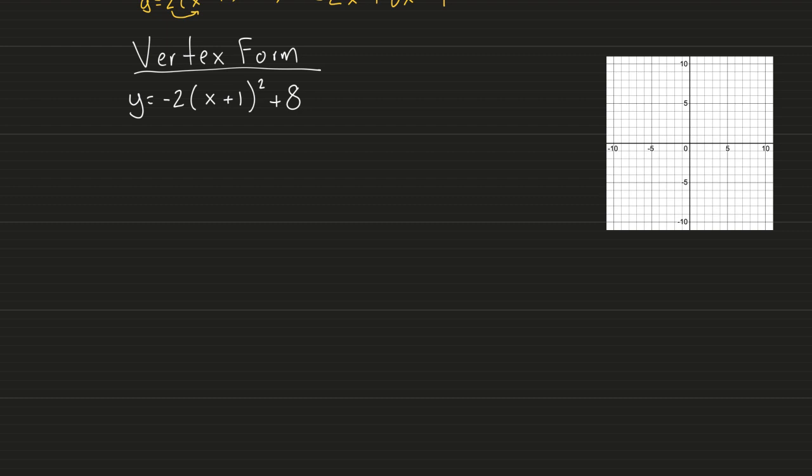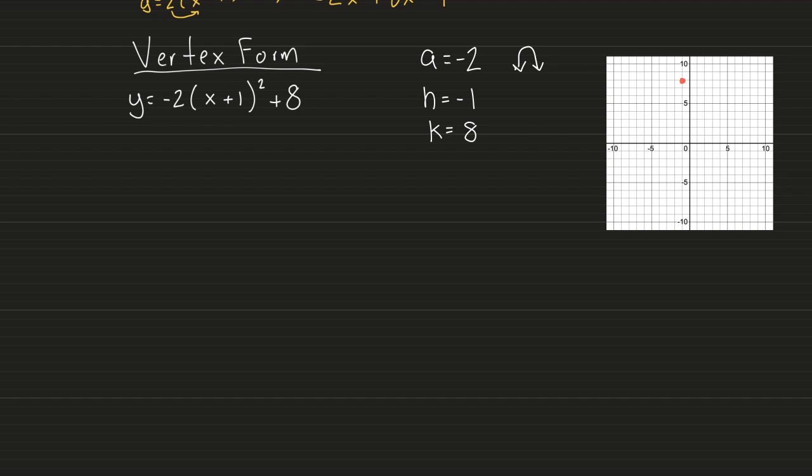And again, we can start to quickly reason through this one. We know that a is negative 2, so we should expect this one to curve down. We see that h is negative 1, k is 8, and so immediately we are able to take that and put it on the graph at negative 1, 8.